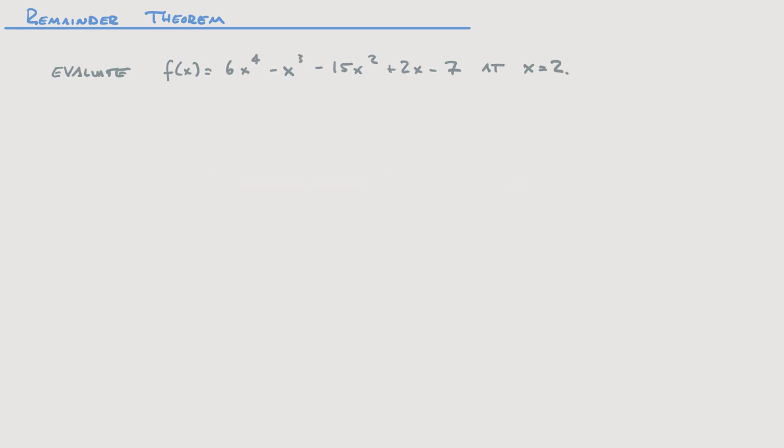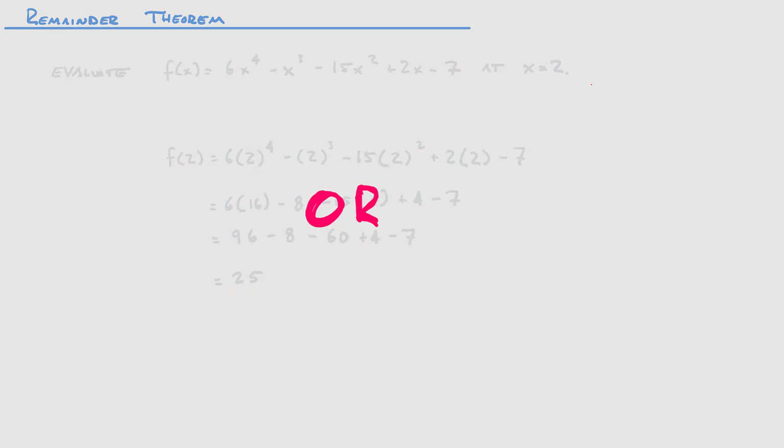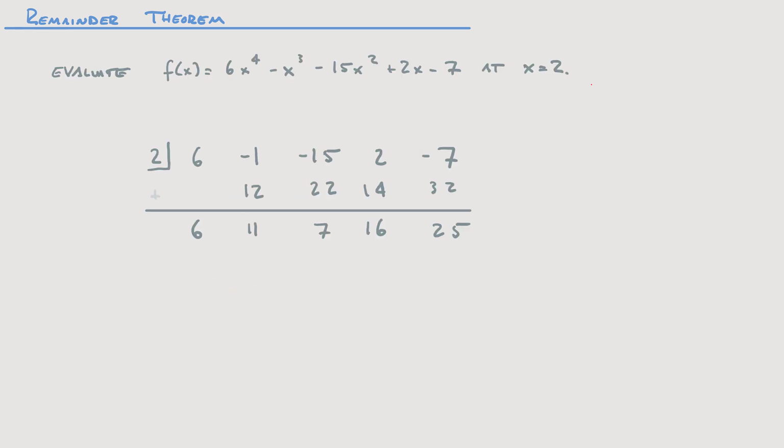If someone says evaluate f of x, and it's this long quartic function at x equals 2, I think most algebra students will just plug in 2 to the function, right? And you can pause it here to see that I did my math correctly. But you plug in 2 to all the x's, you end up getting this number 25. Well, instead of that, you could actually just do the synthetic division with 2 as the thing that's in the box.